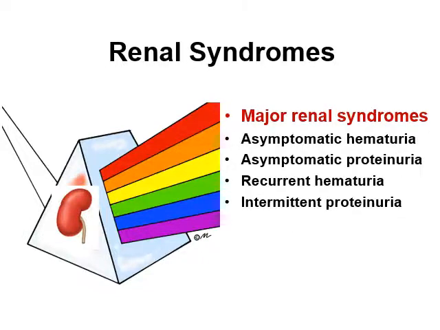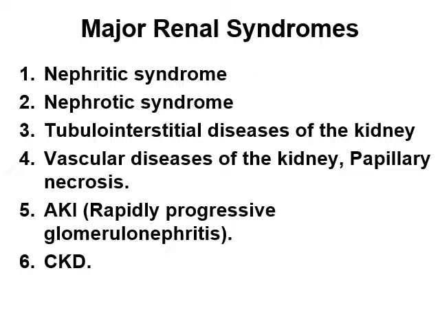What about the major renal syndromes? These are very important. Again, I would like to remind you of the five diseases. First, glomerulonephritis. Glomerulonephritis may present as either nephritic or nephrotic syndrome, and I will come now to explain the difference and why GN may present with this on one day and with that on another day.